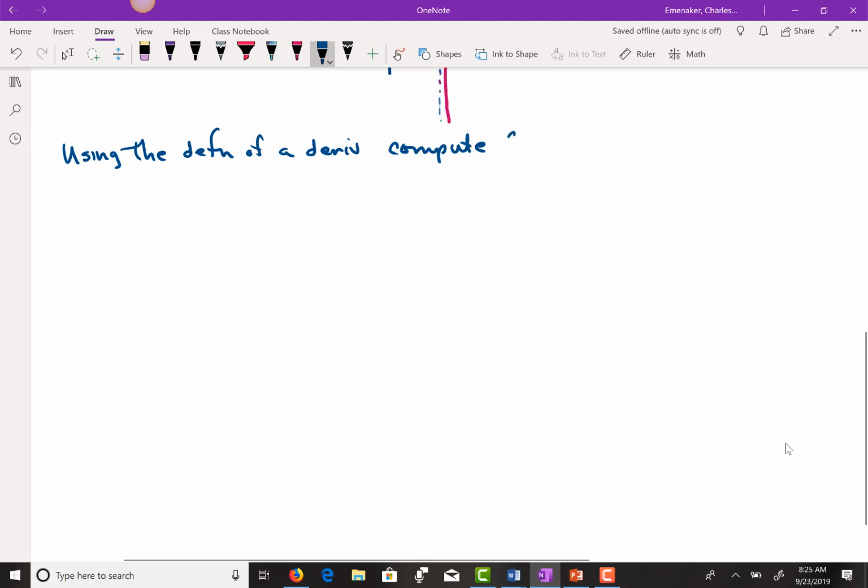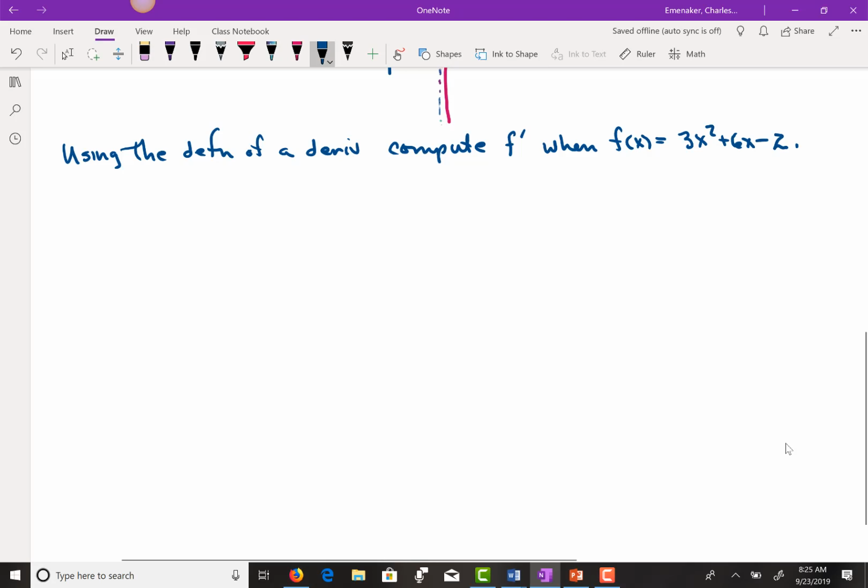Compute the derivative of f. See the little hash mark there? The little apostrophe? That means derivative when f of x equals, and now let's do something like 3x squared plus 6x minus 2.